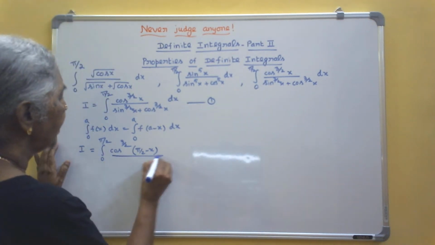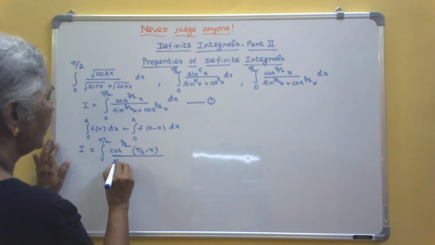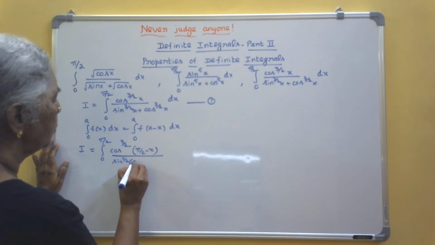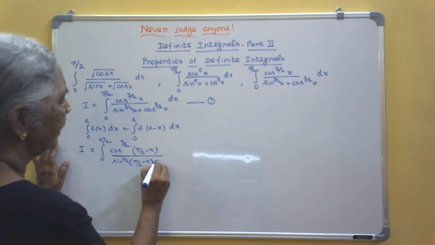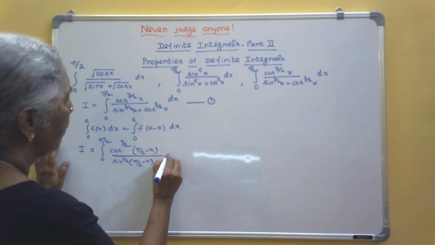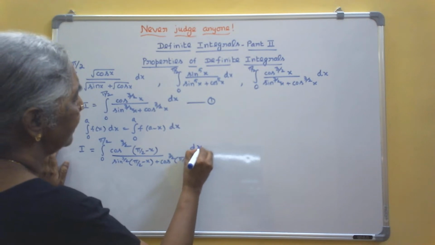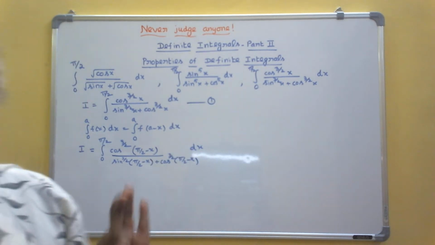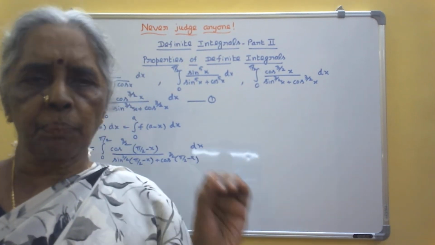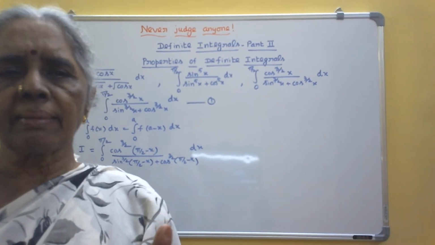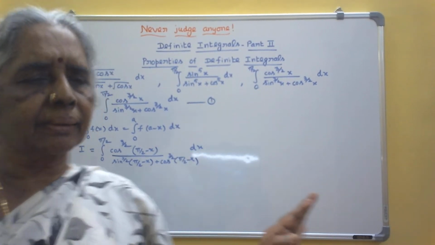Then coming to the denominator, sin power 3 by 2 pi by 2 minus x plus cos power 3 by 2 pi by 2 minus x dx, right? Wherever x is there, you are substituting pi by 2 minus x, which is the a minus x.